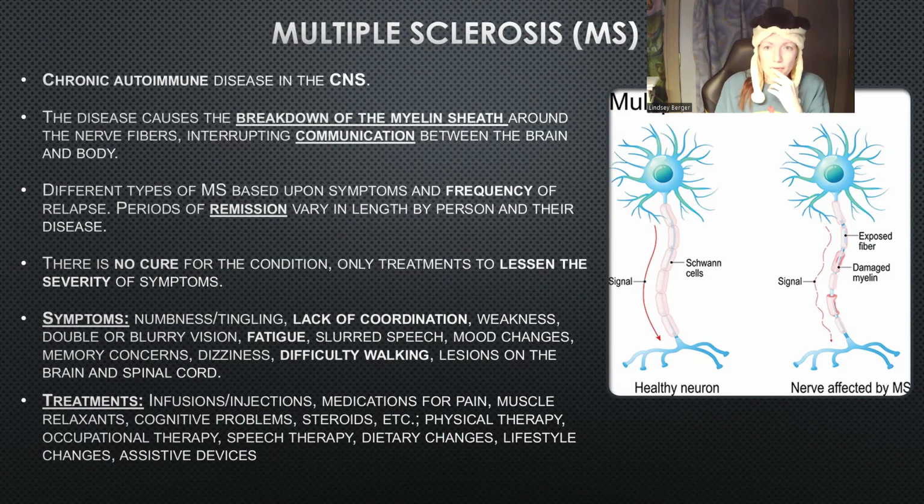So, most of the time that works well. Wonderful. Then we have something called multiple sclerosis, aka MS. This is a chronic, meaning lifelong, long-lasting disease, specifically in the central nervous system. And it's also specifically an autoimmune disease.